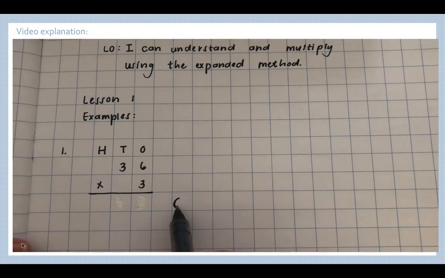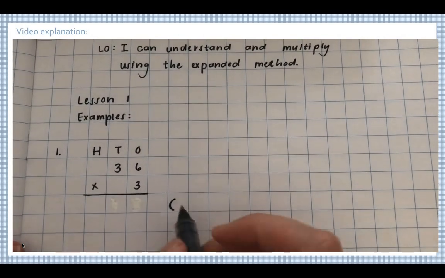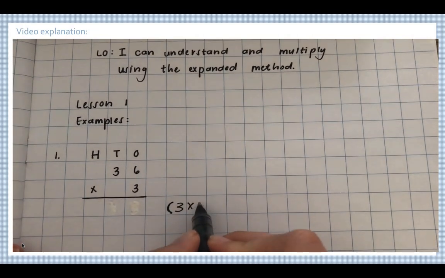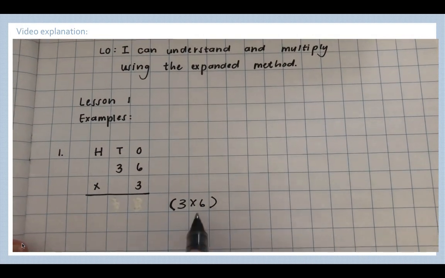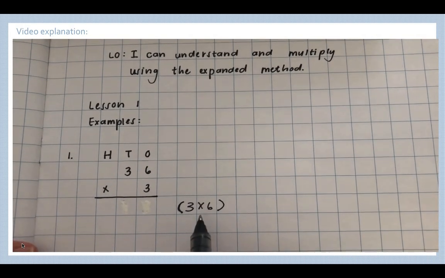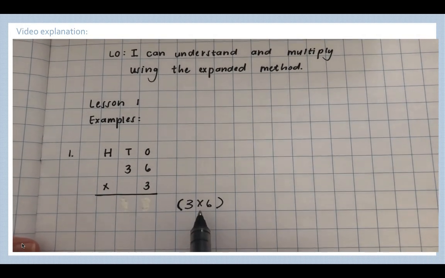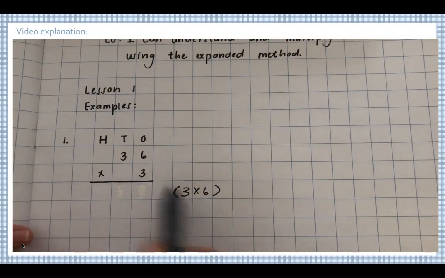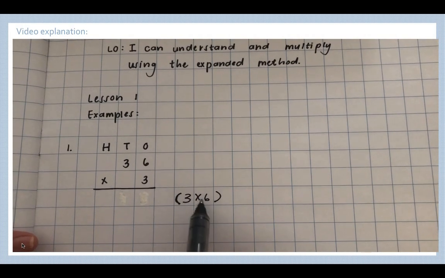So you're going to write down 3 times 6. So this is your first multiplication answer that you will have to get. Then our third step is where you are going to multiply your ones. Leave this for now, we are going to get back to this.